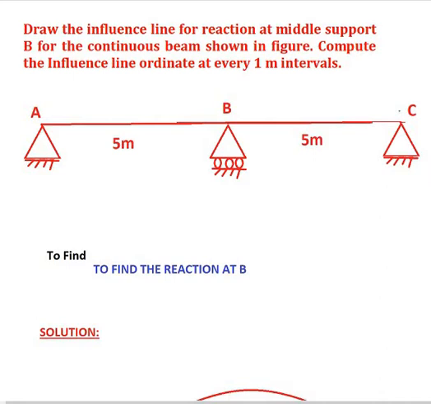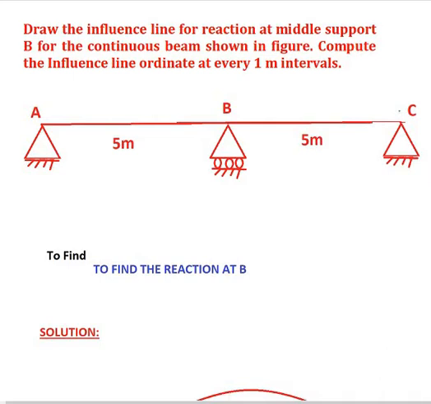Compute the influence line ordinate at every 1 meter interval. In this problem, they are asking to find the reaction at the middle support B, which means RB. They have given a continuous beam. The length of the span AB is 5 meter and the length of the span BC is 5 meter. So let us solve the problem.